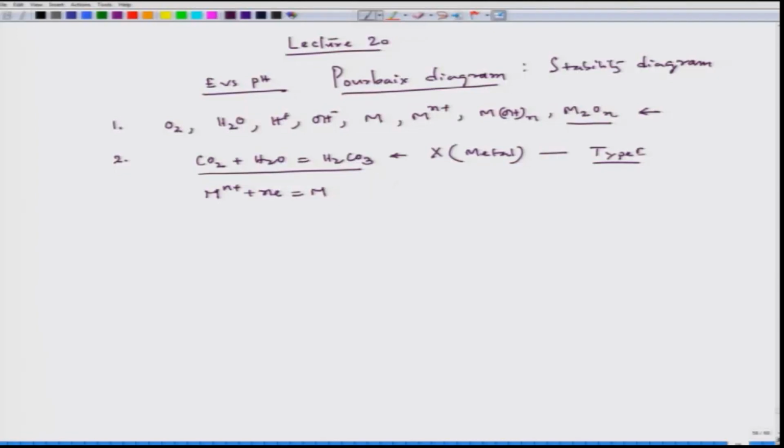Like that we can have the value of n. So, n is basically nothing but the oxidation number. This particular reaction, if you see carefully, depends on potential. Why? Because this reaction can be expressed in terms of the Nernst equation.